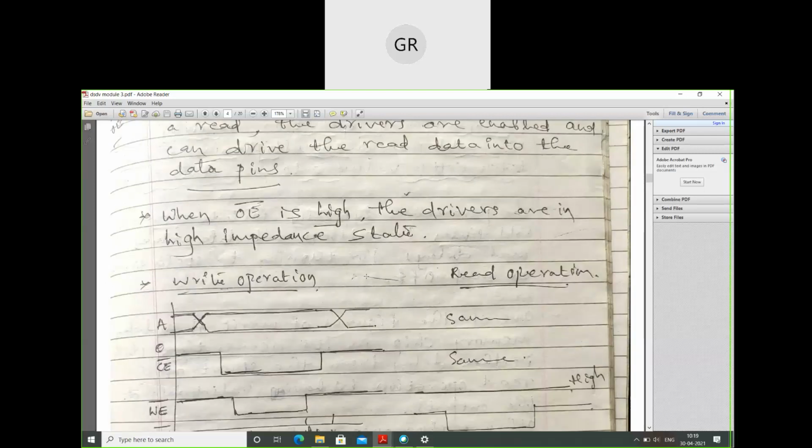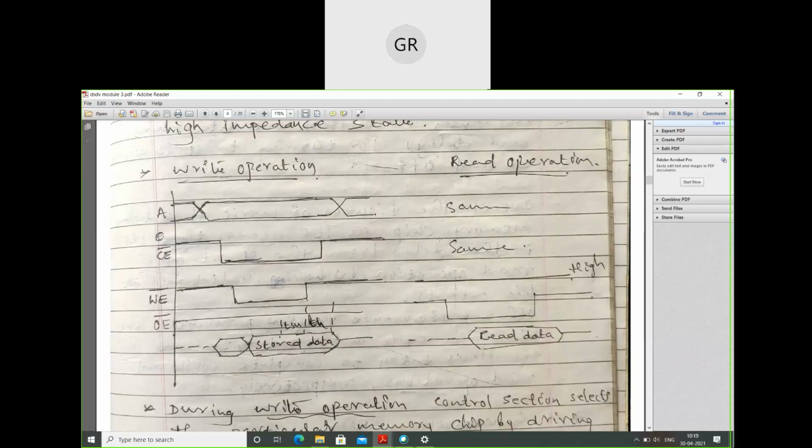These are the timing diagrams for the write operation and read operation. I will use the marker here. This is the address. CE bar is low, which means the memory chip is enabled. WE bar is low. That means write operation.